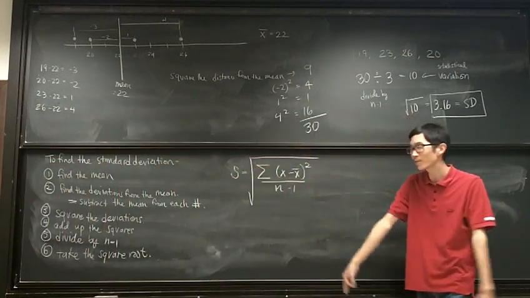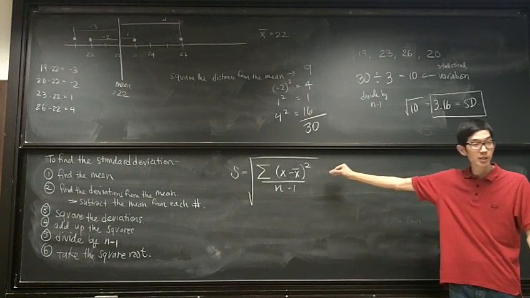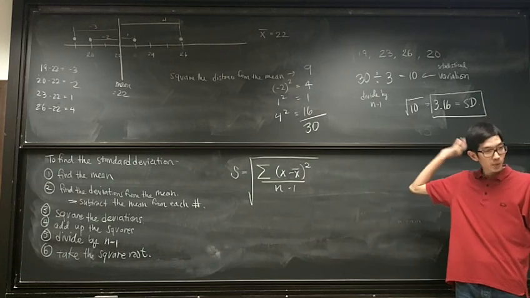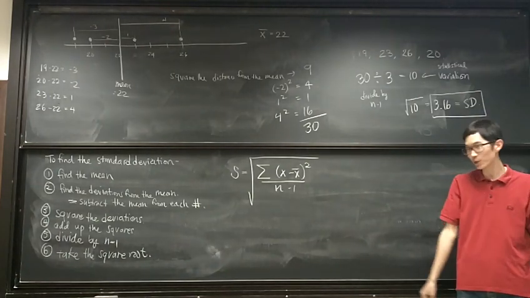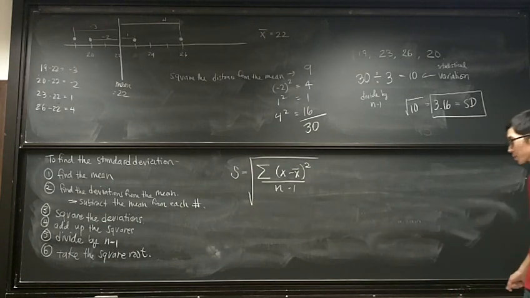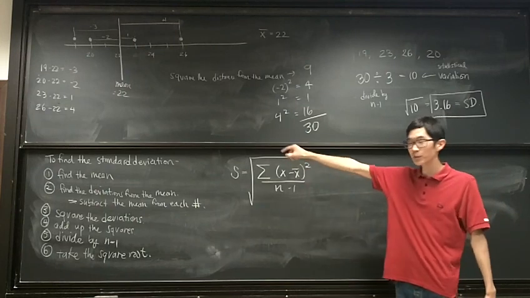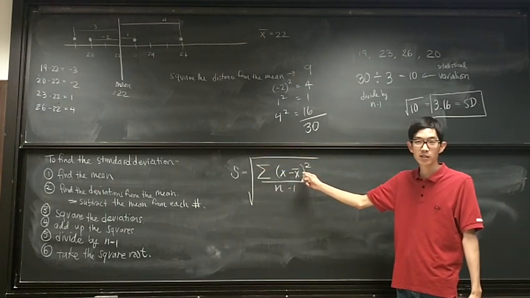So you gotta know how to find the standard deviation, and this is the formula that you use. But it looks scary. Formulas like this, when there's more than one letter involved, suddenly seem scary. But it's not. All of the steps for finding the standard deviation are found in this formula.